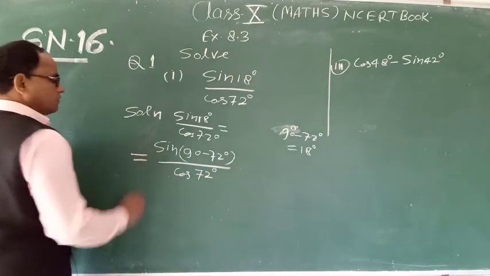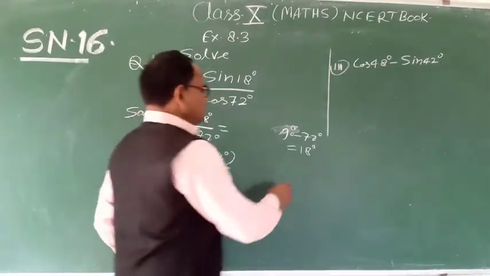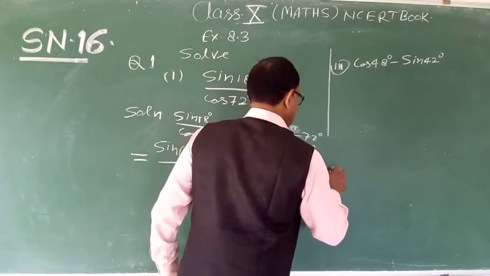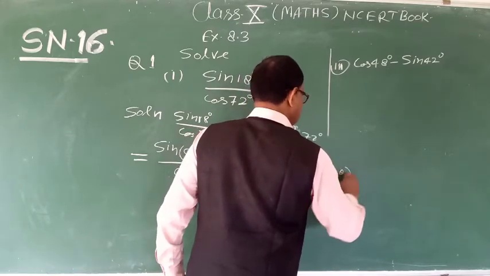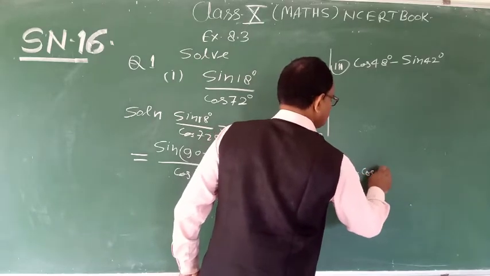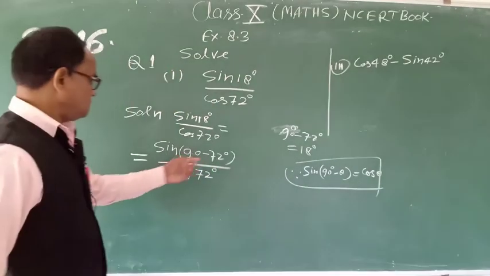Okay, student. Here, since sin of 90 degree minus theta is equal to cos theta, on this basis we solve this.